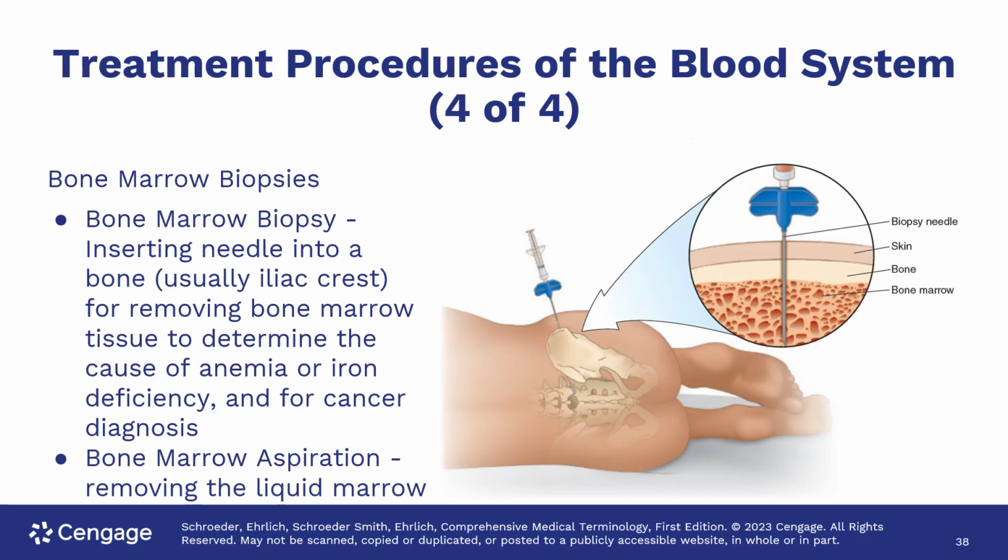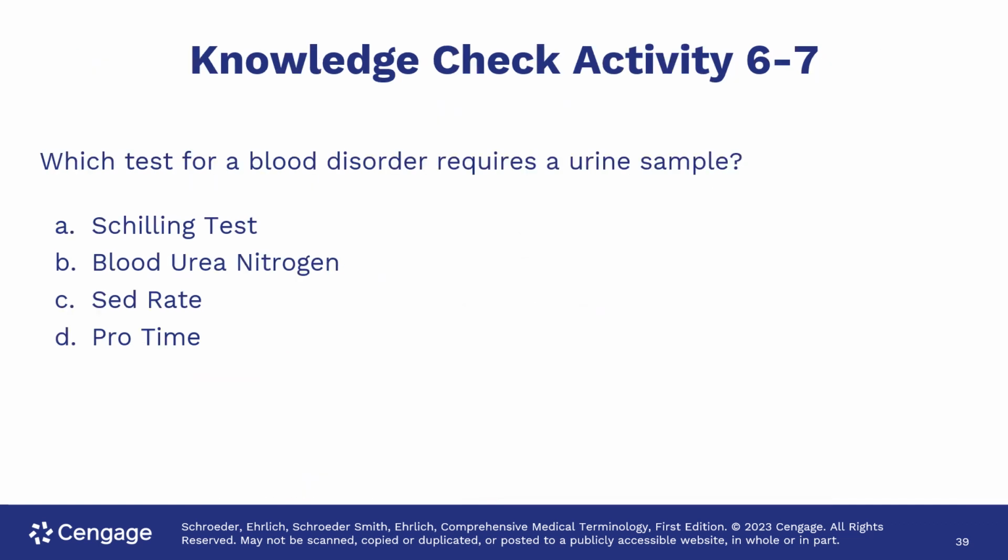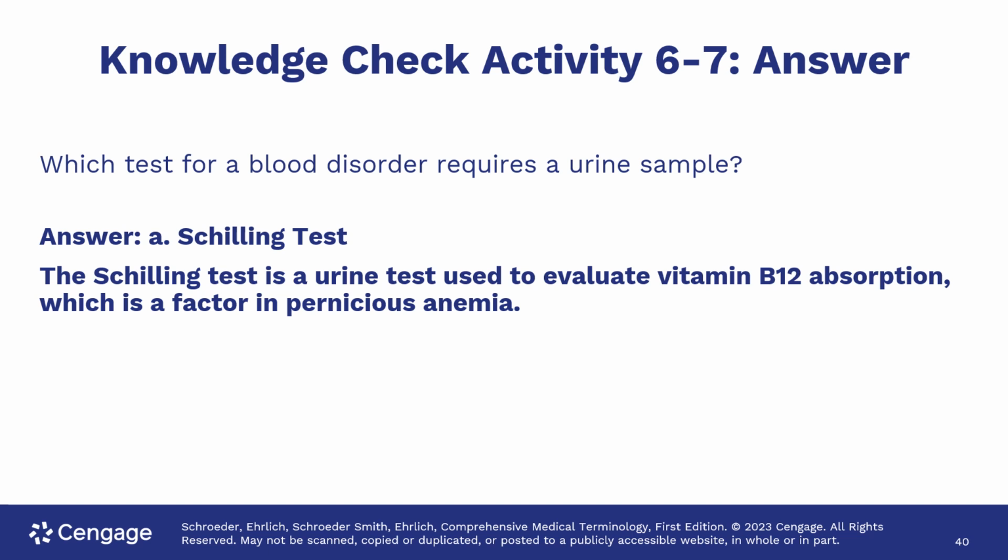We can also look at the source in the bone marrow by biopsying and aspirating. What is the urine test for a blood disorder? The Schilling test. Just talked about that, right?